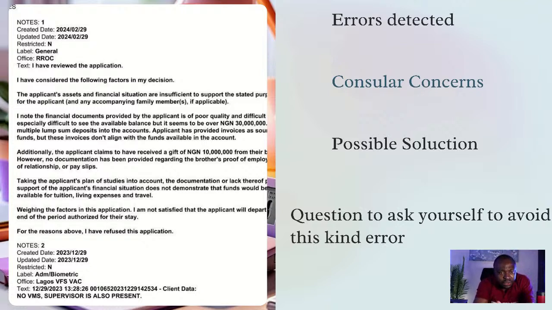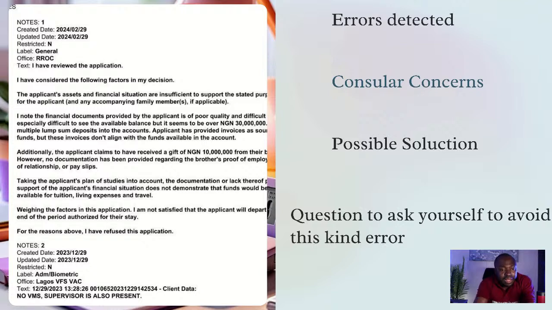So you see this particular case, one, the document wasn't clear. Secondly, the invoices provided did not align with the account statement.